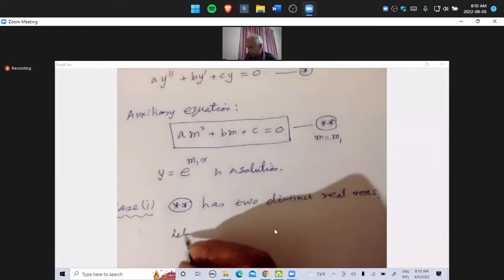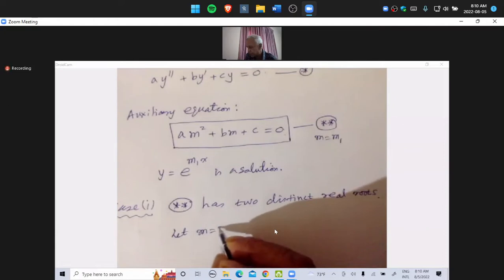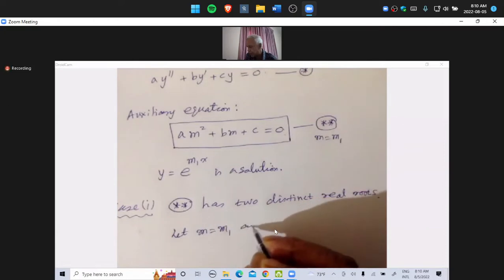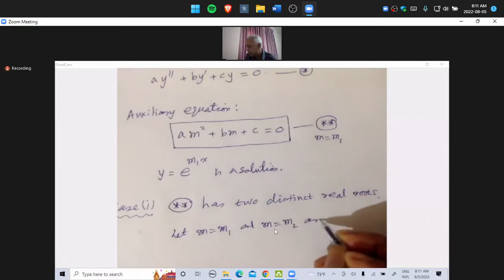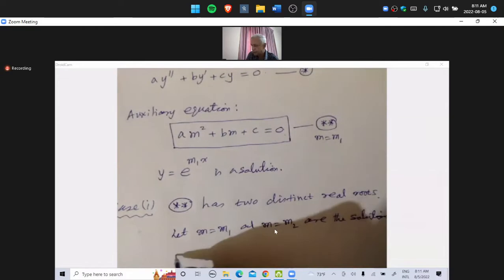Let m equals m1 and m equals m2 be the solutions of double star.